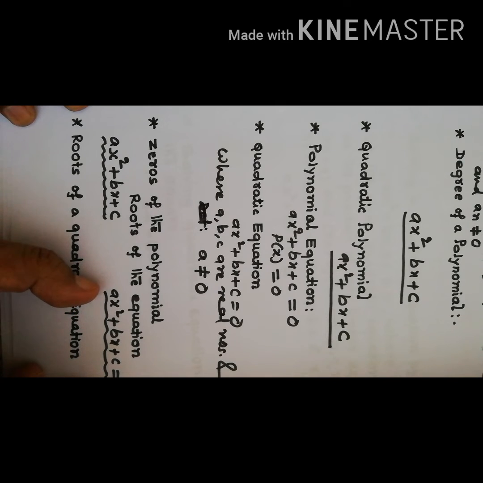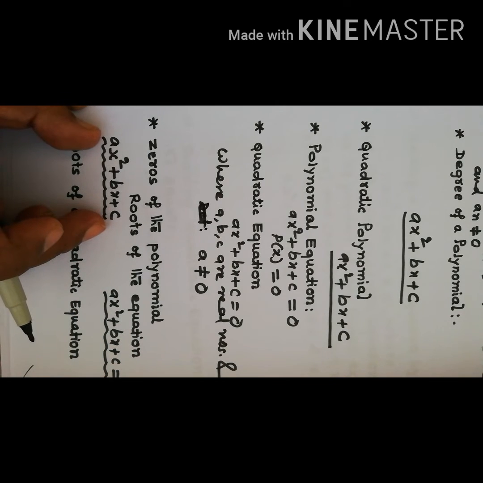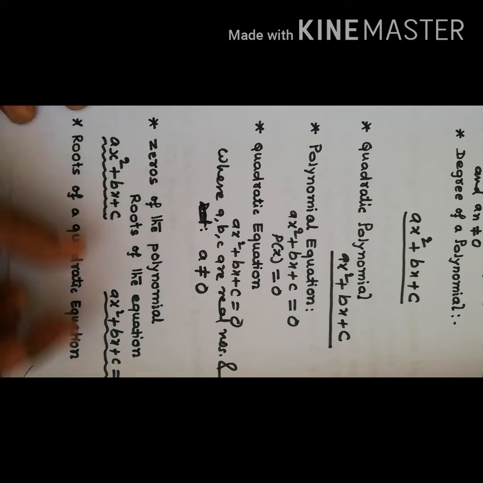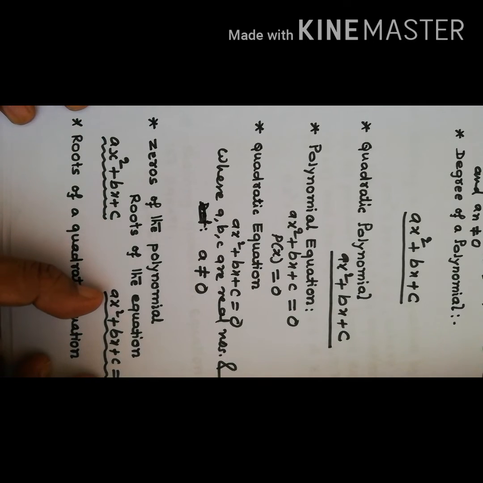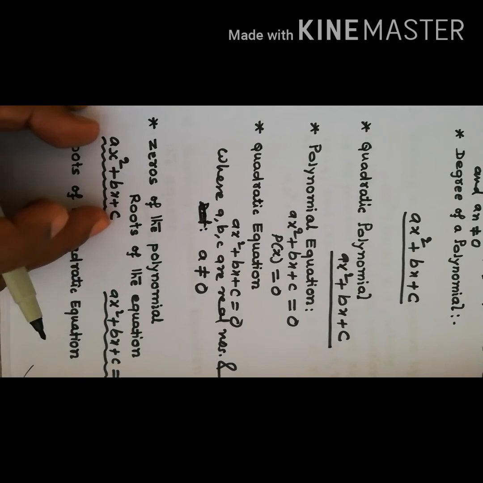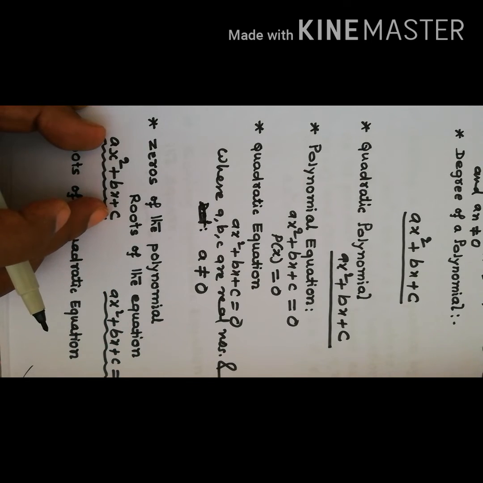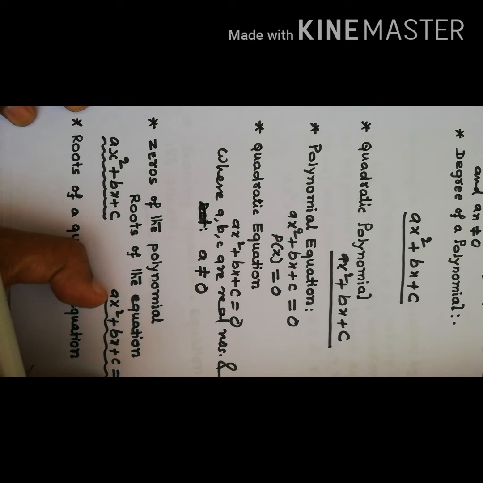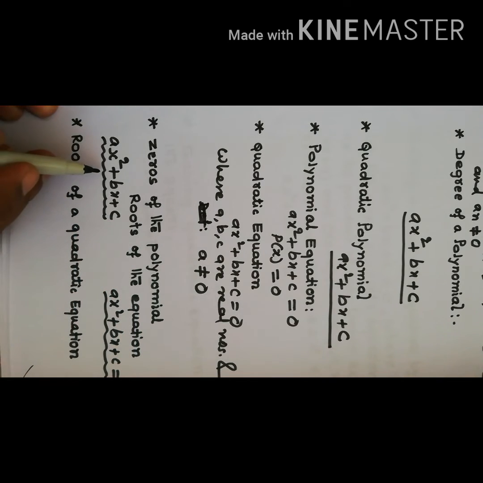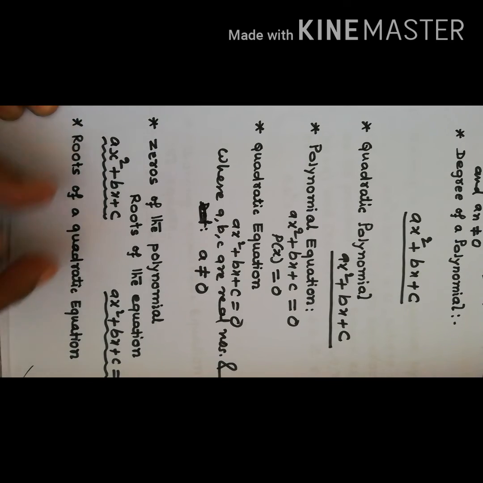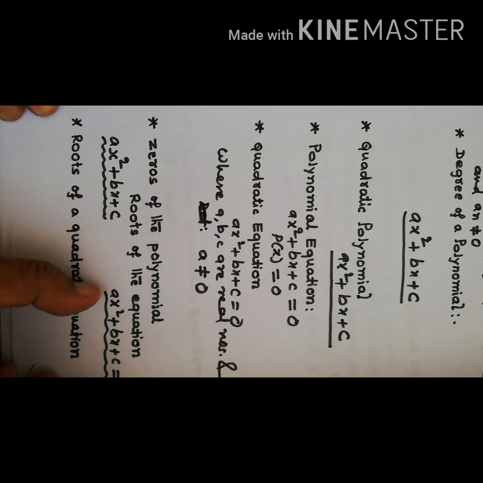So the root of the equation and the zero of the polynomial will be the same if the polynomial in the equation is the same. But the name is changed here because this is a polynomial, so we say zeros, and this is an equation, so roots.